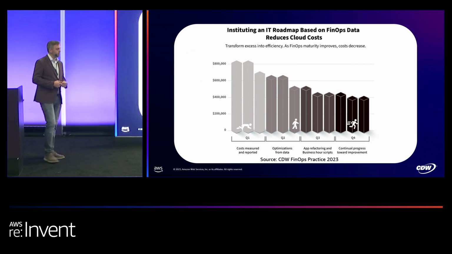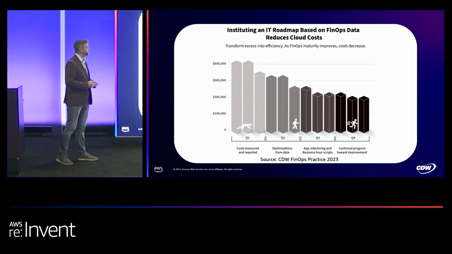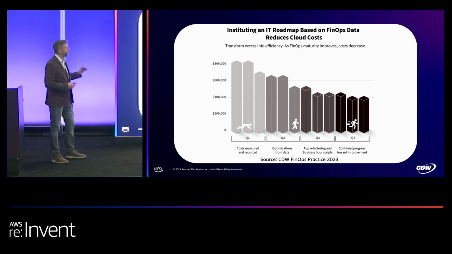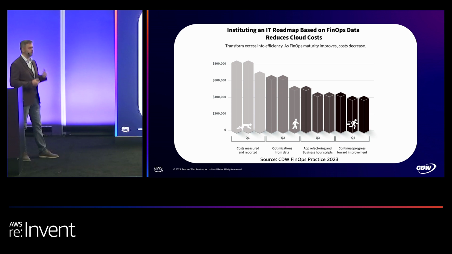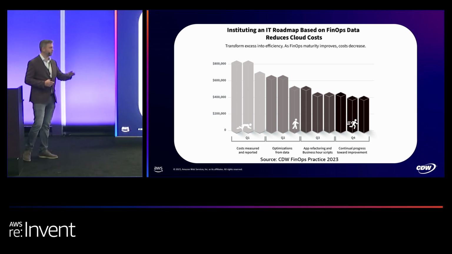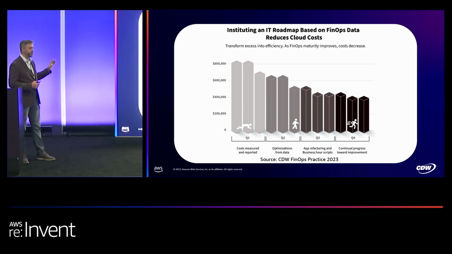So the most important thing is understanding what those committed use discounts look like, and then also how that plays into your IT strategy. The biggest savings you can get is implementing an IT roadmap over the course of a year, 2 years, 3 years. This is what an executed roadmap looks like.